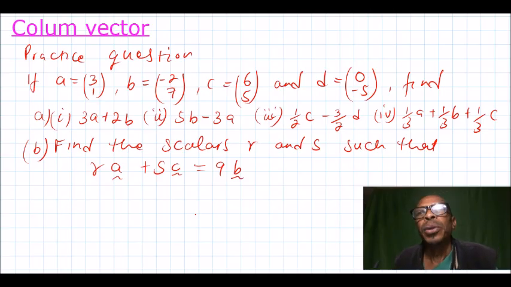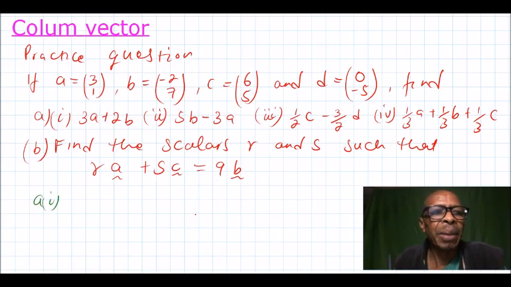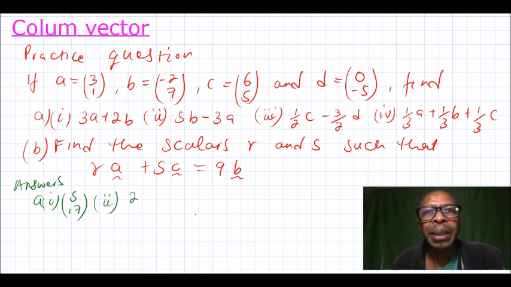So you can practice on that, and you find the solutions. Let me provide solutions for you in case you work it out. So we have A, Roman number 1, you should get (5, 17). Roman number 2, so these are answers, you get (21, -16).